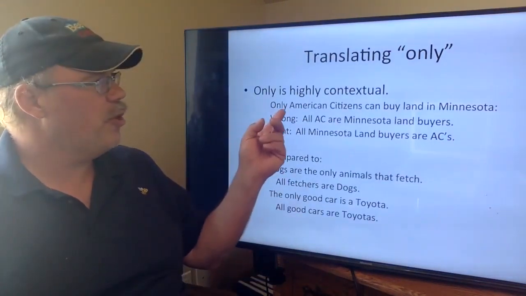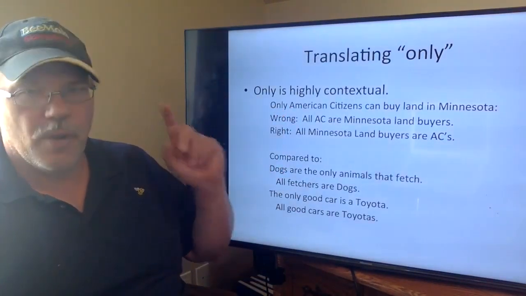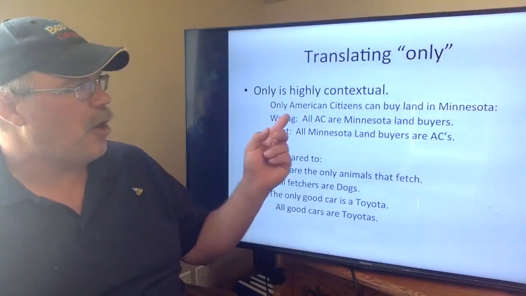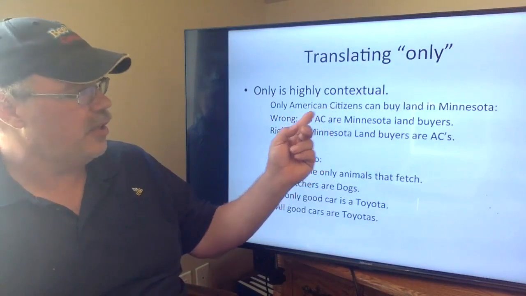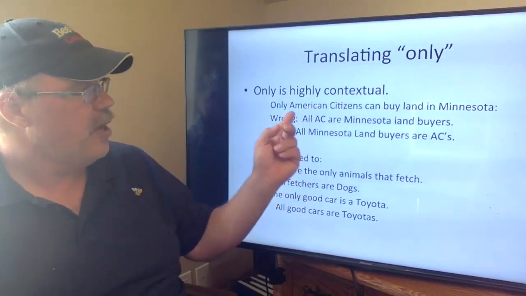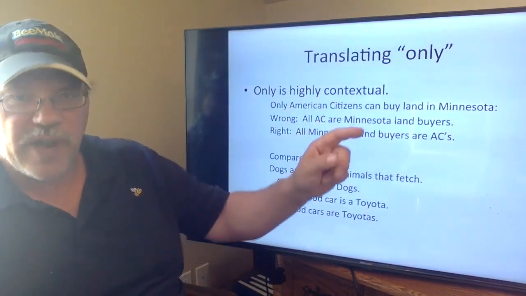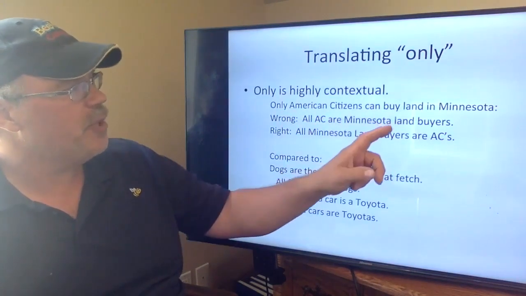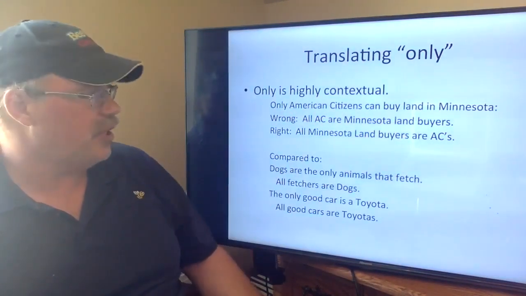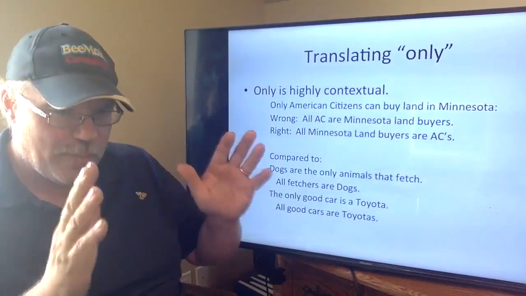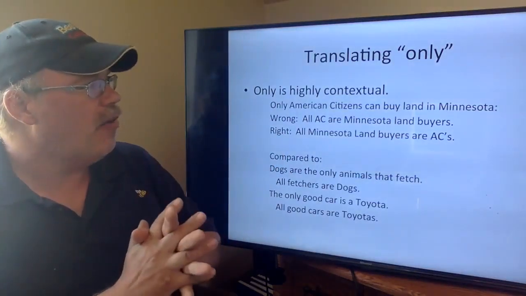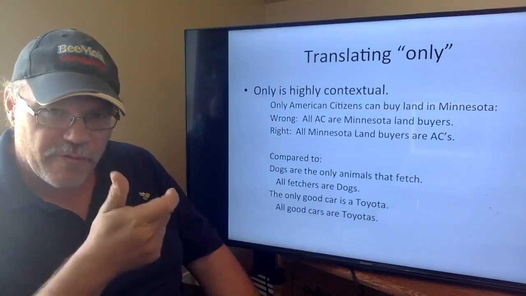Whenever you see the word "only," you should be aware that it's possible that the subject could be reversed, right? What appears to be the subject could in fact be the predicate, and what appears to be the predicate could in fact be the subject. So, rule 1 is: stop, be aware of the apparent reversal.